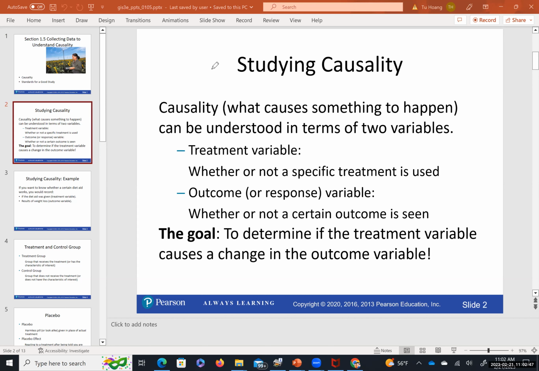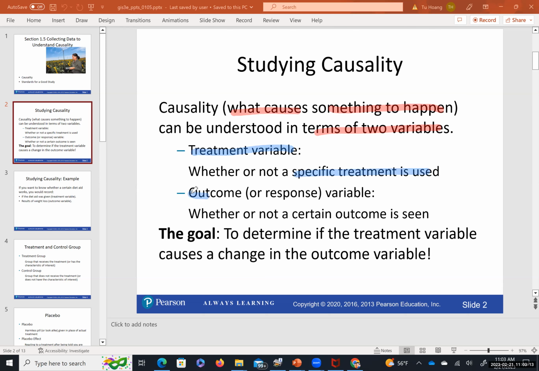By causality, we mean what causes something to happen, right? It can be understood in terms of two variables. The first one is the treatment variable, which is whether or not a specific treatment is used.